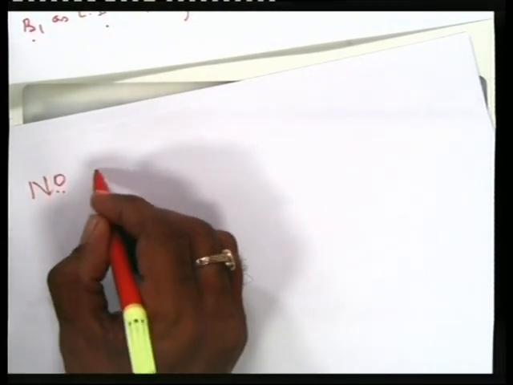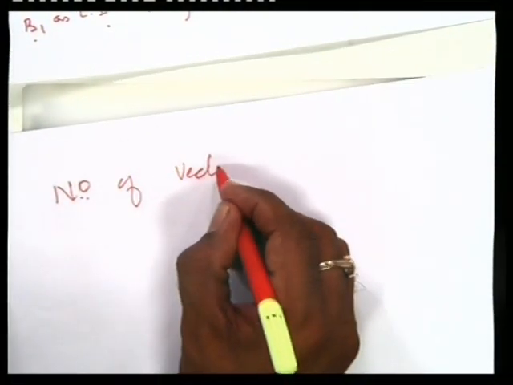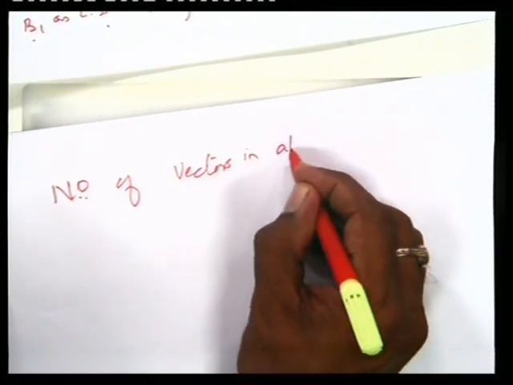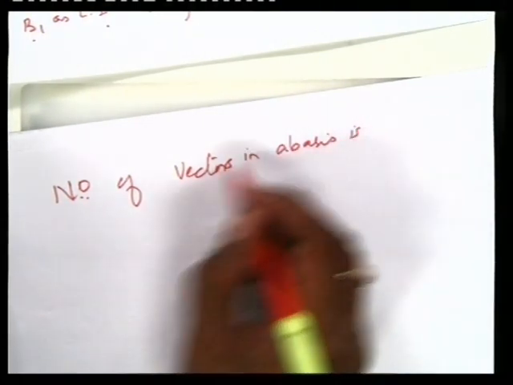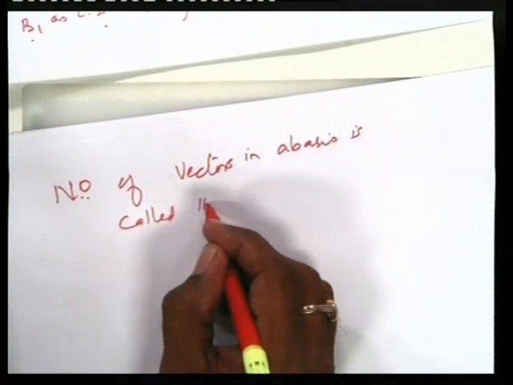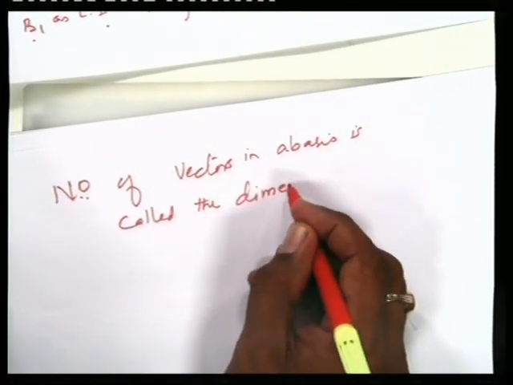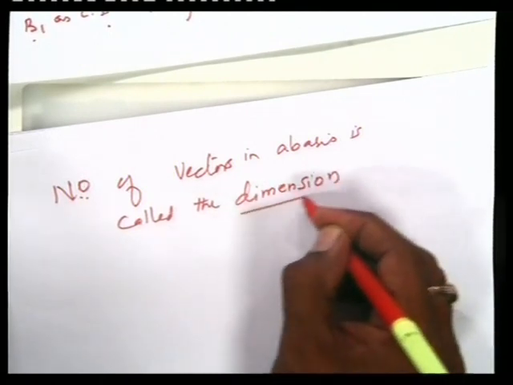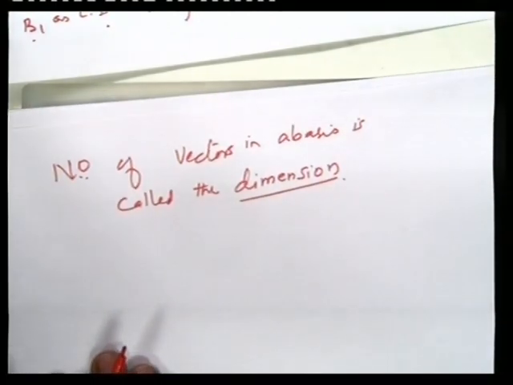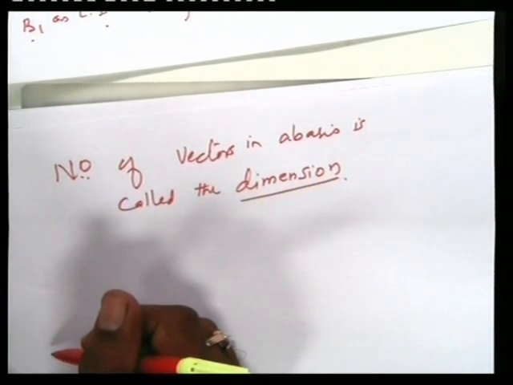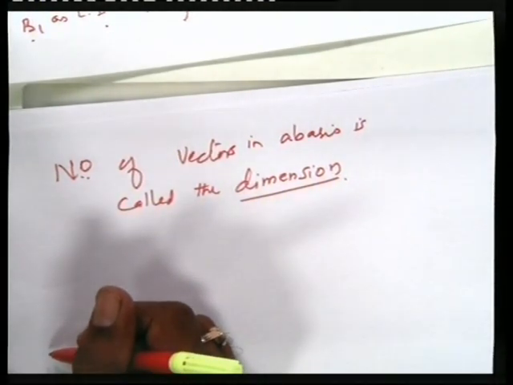Now we say that the number of vectors in a basis is called the dimension of a vector space V. If this number is finite, then we say that the vector space is a finite dimensional vector space.